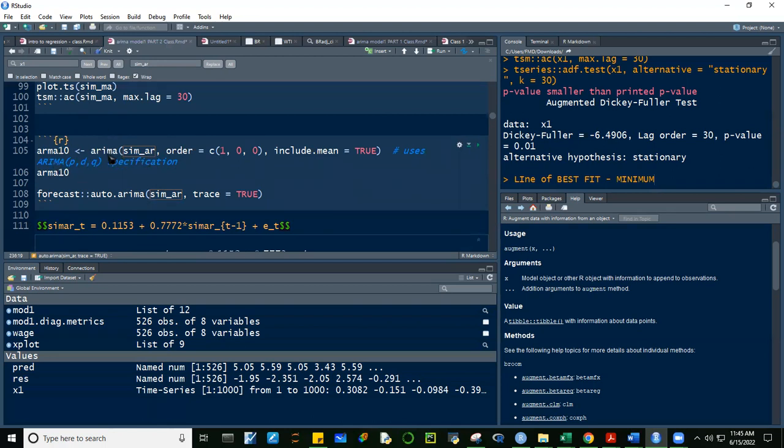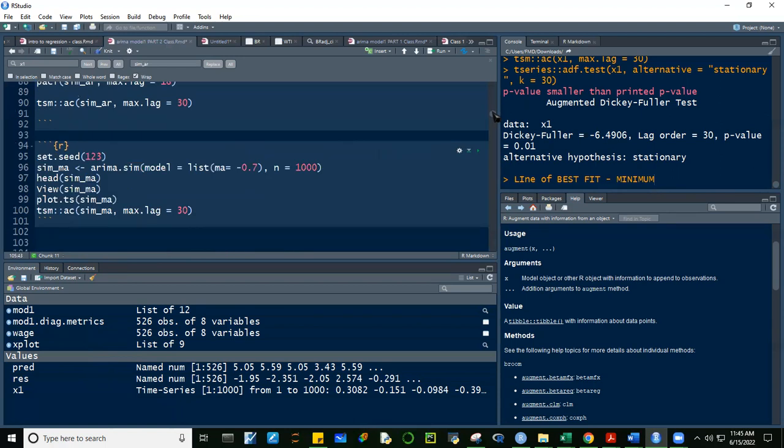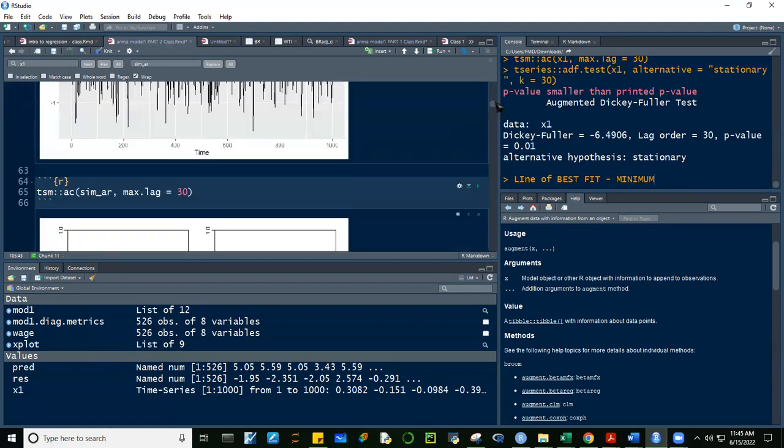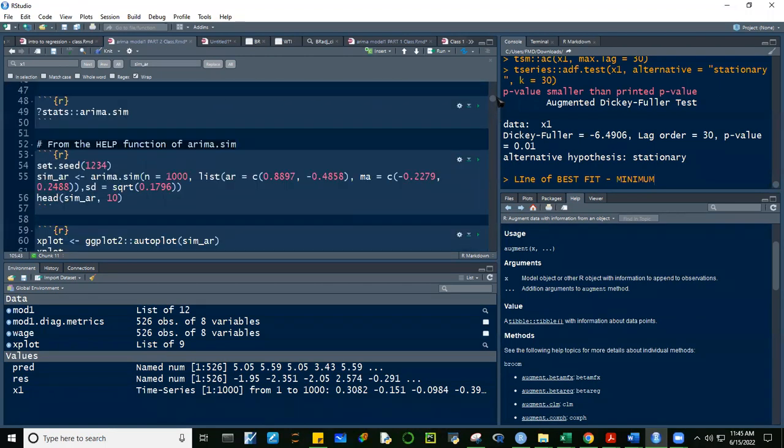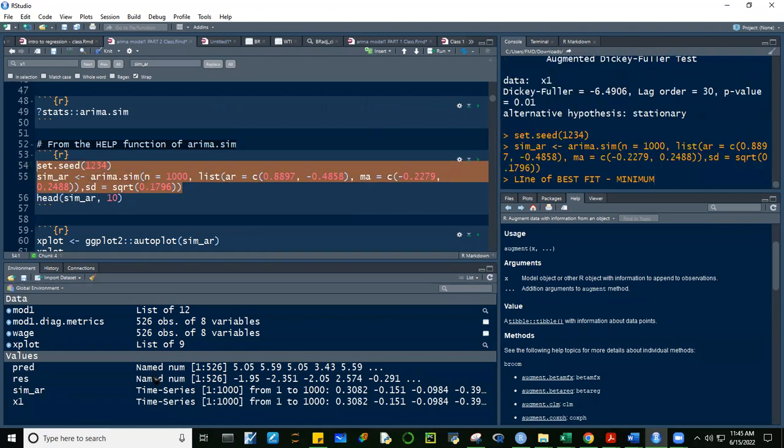The ARIMA function will generate the model for us, depending on the order we specify. Okay, so we're using the SIMR. I haven't run the SIMR data yet, sorry. So let me run that first. I won't print it. So I generated the SIMR data.